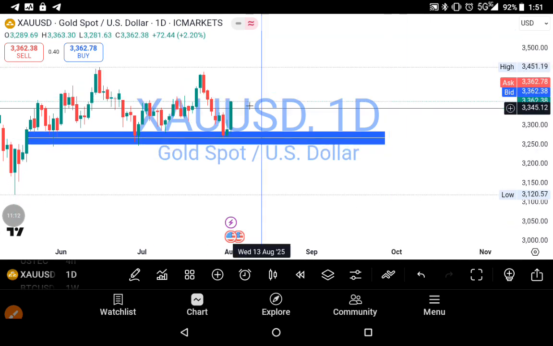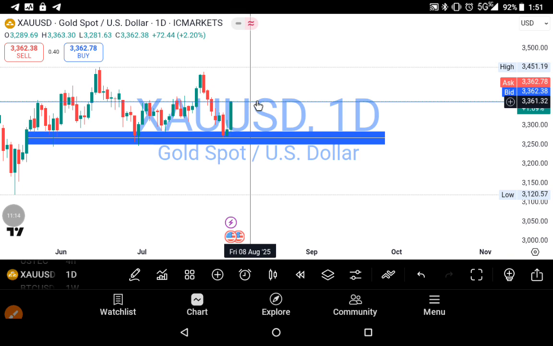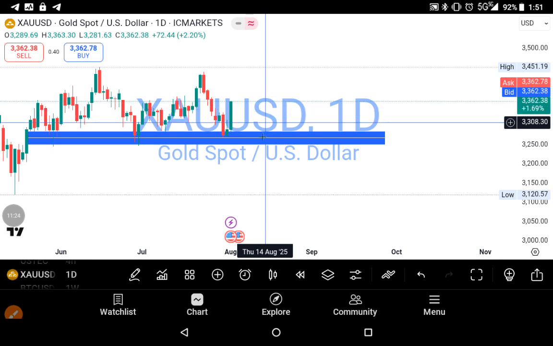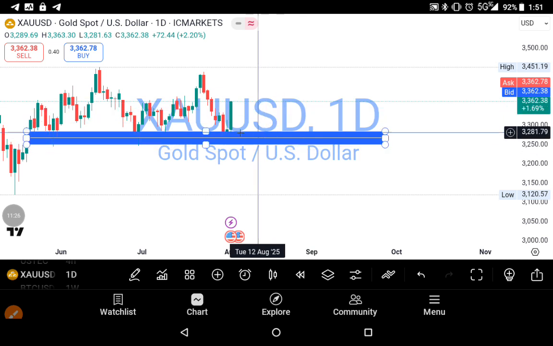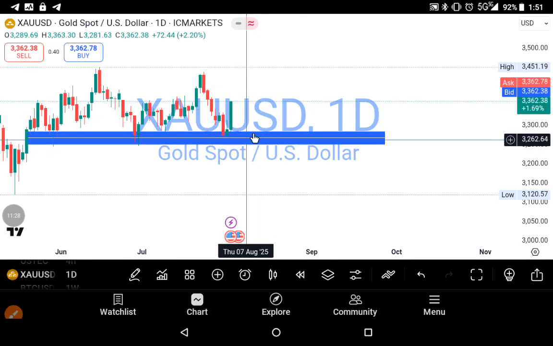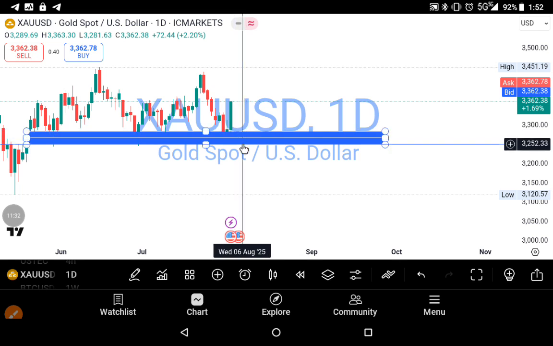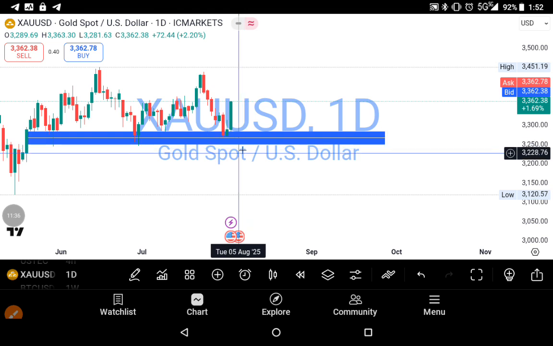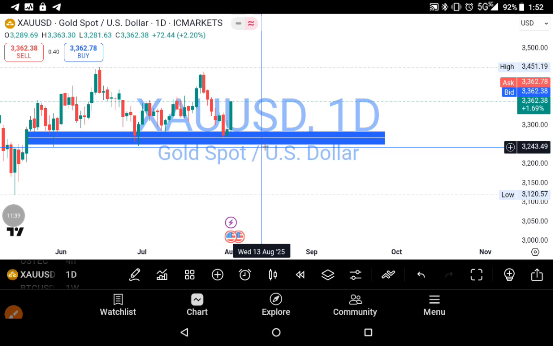So on gold the coming week, I'll be watching how the market price will react to 3,400 again. We should be seeing the midpoint of this blue line being shaken. If we successfully shake it, then we should go below that level and it should turn into a resistance.